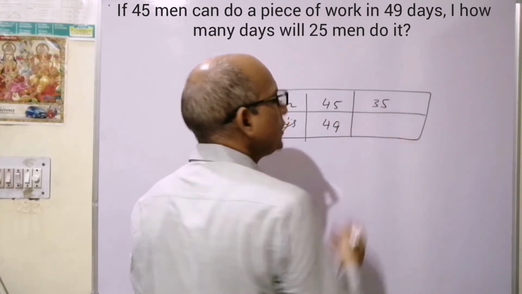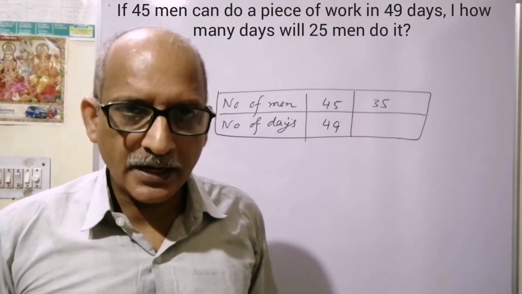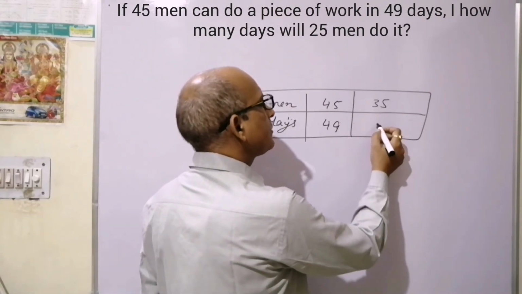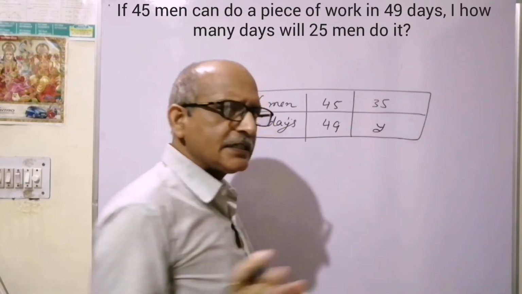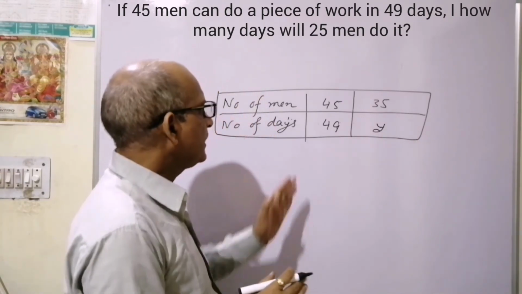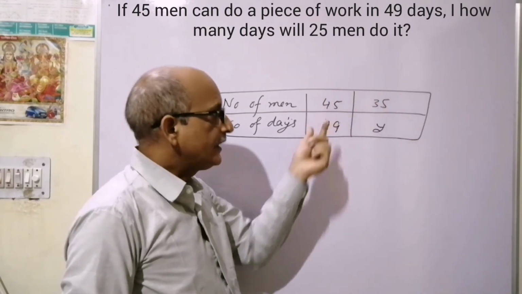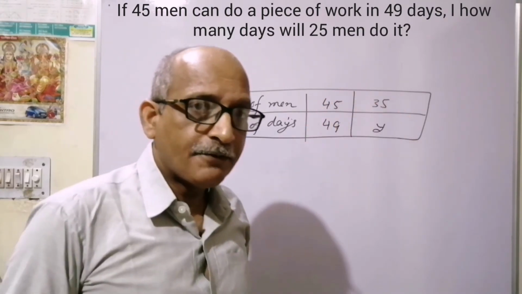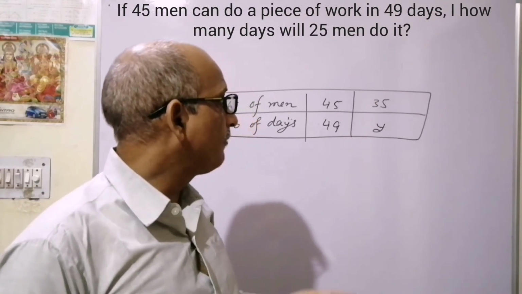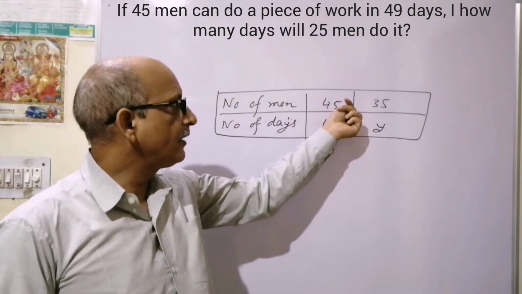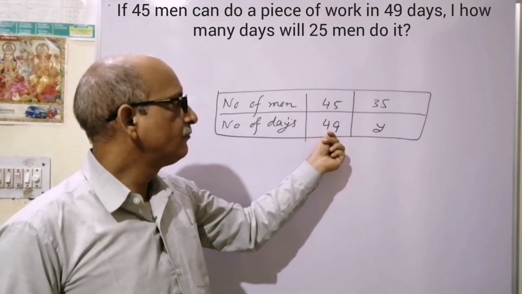Then how many days? You can consider x, you can consider y, you can consider p, whatever. This time I am taking it y. You can consider x also. But we have to think: in the first line we have the number of men only. It is given in the question, 45 men can do a work in 49 days. 45 workers, number of days 49.